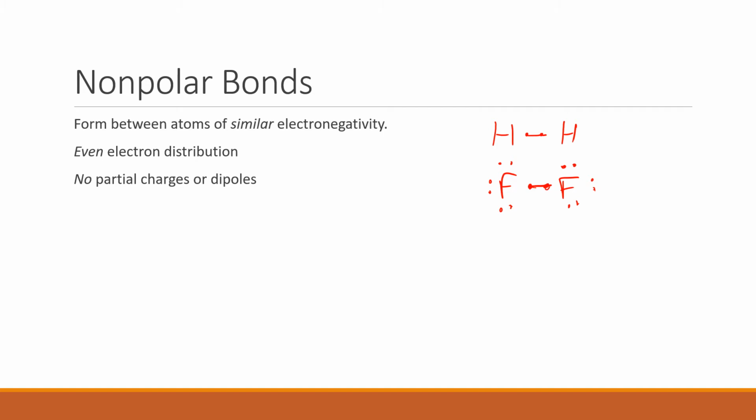Even the bond between elements that have similar electronegativity values, such as carbon and hydrogen. In this case, carbon's electronegativity value is 2.5 and hydrogen's is 2.1, which is pretty close. So even in that case, the bond is nonpolar. In nonpolar covalent bonds, electrons are evenly distributed.